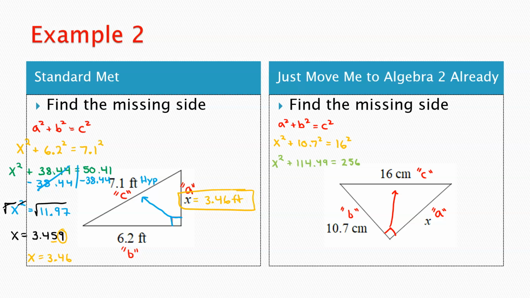I'm going to quickly do the second one, so you guys take a look at my work. I went through and plugged in, and I squared everything. Now I'm going to do the same thing here. I'm going to subtract that 114.49 from both sides.